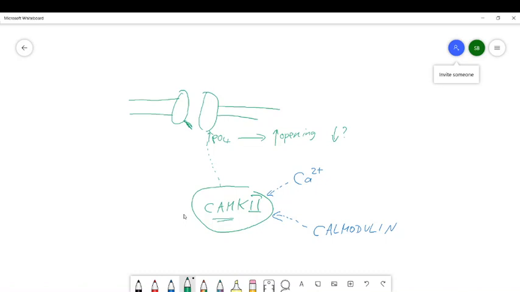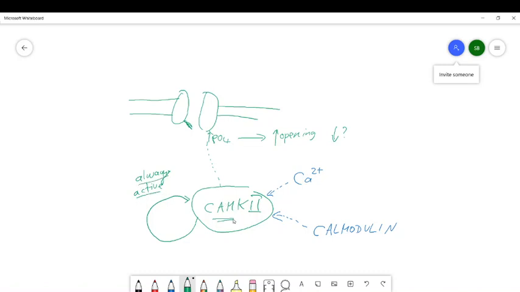Now, CaMKII is a really interesting molecule because once it's activated, what it does is it then changes itself so that it's always active. It stops itself from becoming inactive.